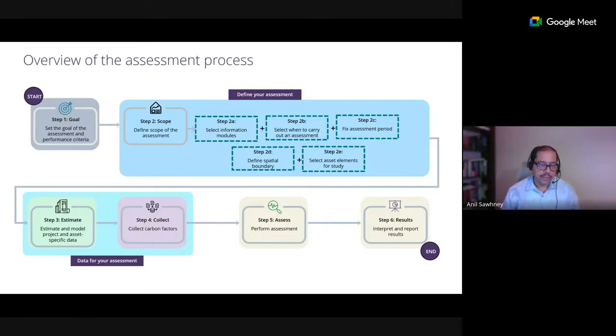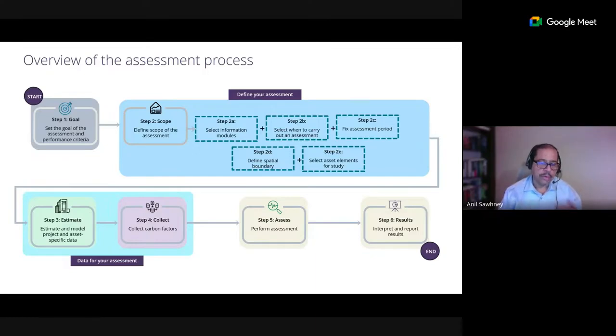Let's say the transport of concrete is 20 kilometers each way. You also need to find out the carbon factors, or emissions per kilometer, of a ready mix truck when it's fully loaded and when it's returning empty, so that you can estimate the emissions associated with transport from the gate to your site, right?